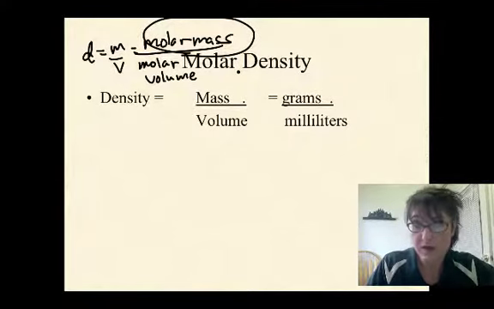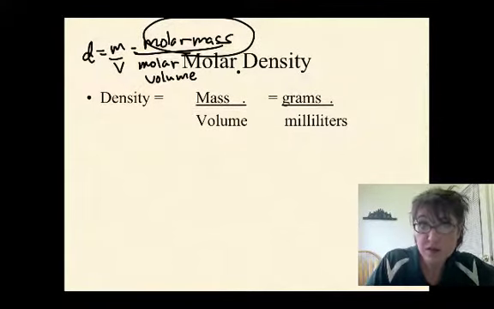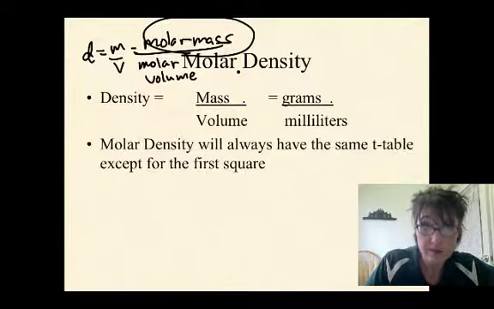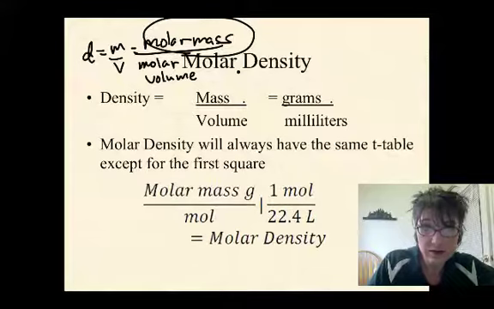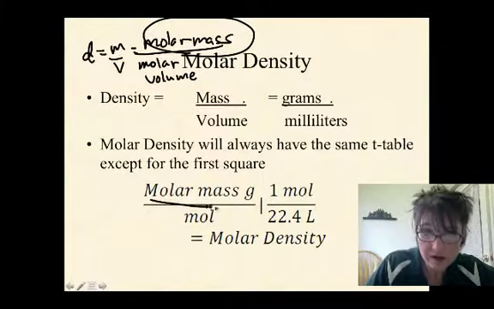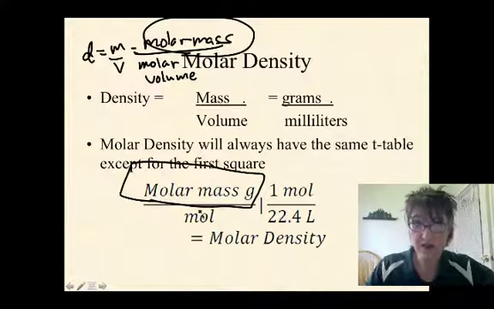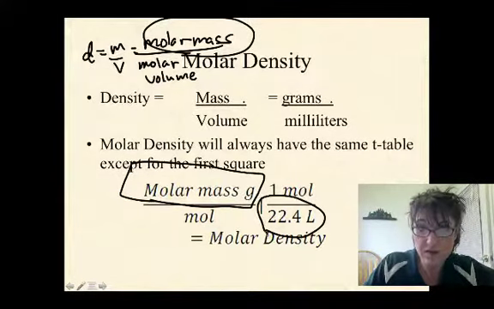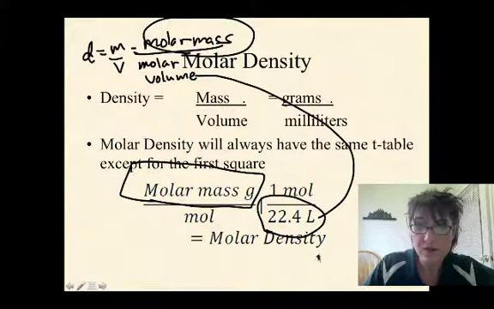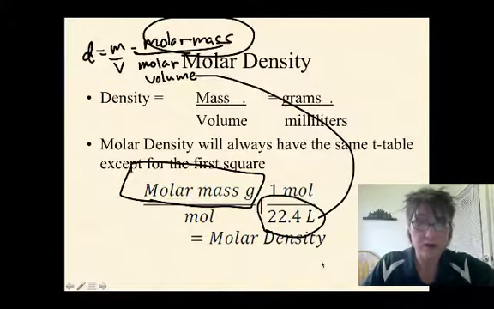And of course, you'll always know the molar mass because you can look it up on a periodic table, right? So the molar density will have the same t-table every single time, except for the first square. The only thing that's going to change is the molar mass. Everything else looks exactly the same because we're always going to divide by the molar volume of 22.4 liters. So no matter what gas it is, we can get to its molar density.